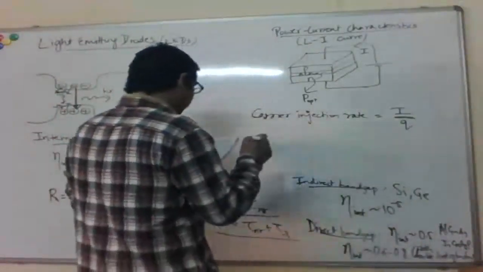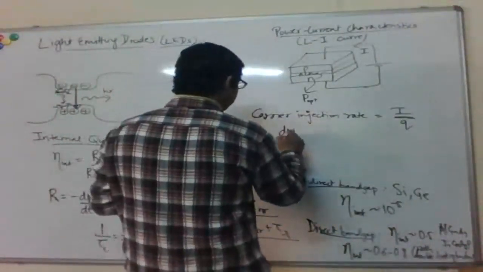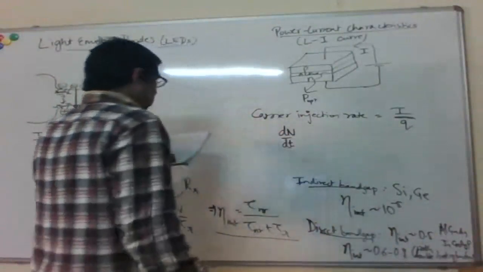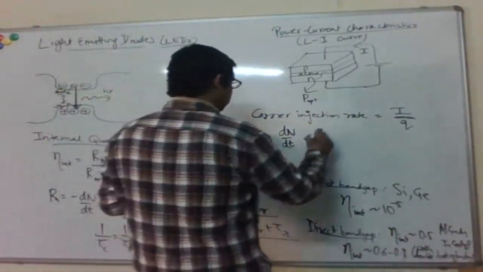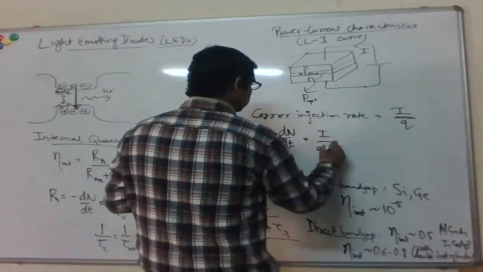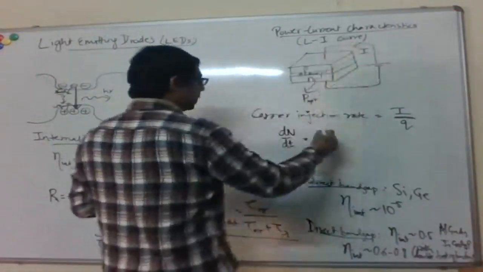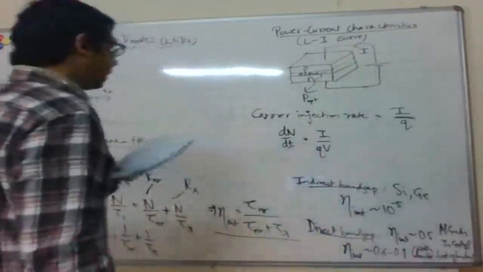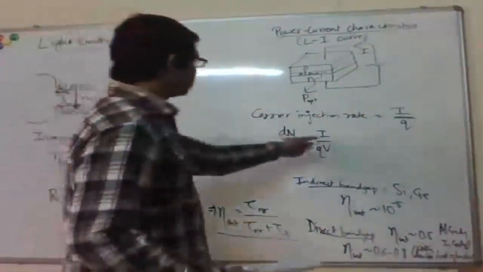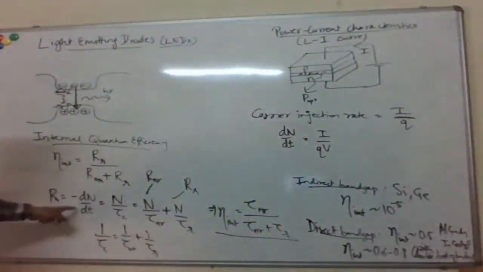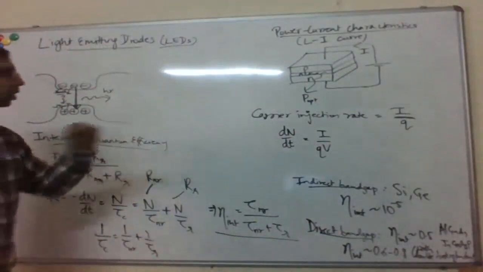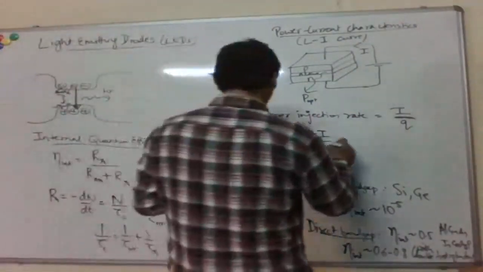So basically we reach some steady state where, if you look at the rate of change of the carrier concentration, the carriers are being injected due to this current I, right? So that's an increase, right? And then from here we can see that due to the recombination, they're going down, right?